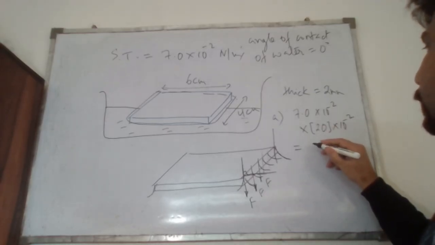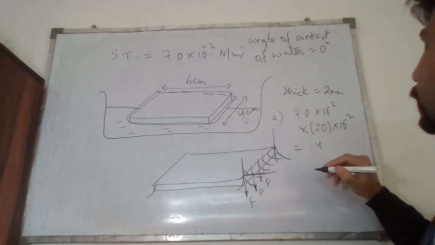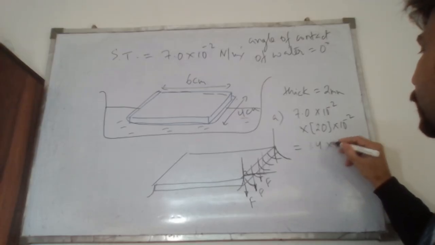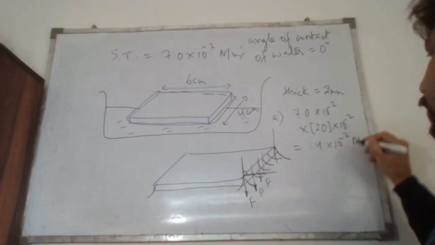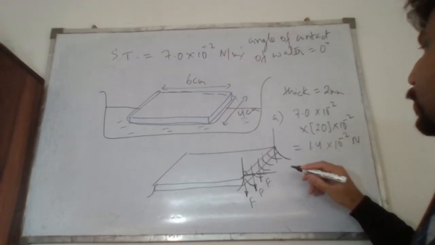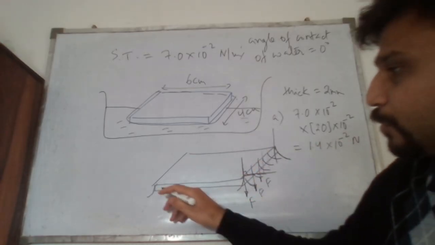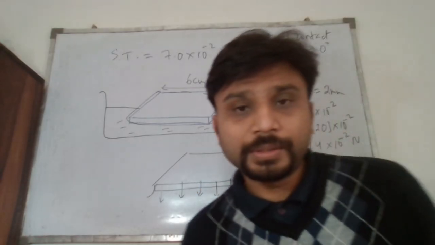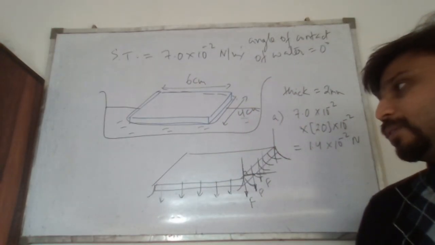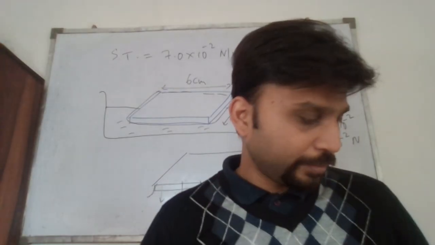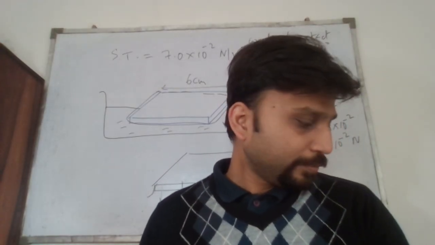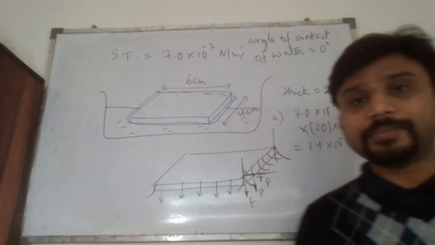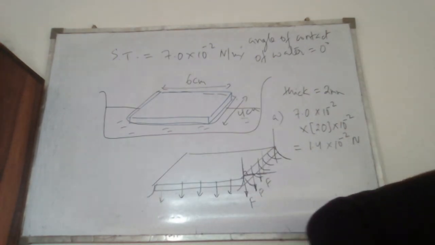So this will become 1.4 into 10 to the power minus 2 newtons. This would be the net downward force acting everywhere on the perimeter of the plate in the downward direction.